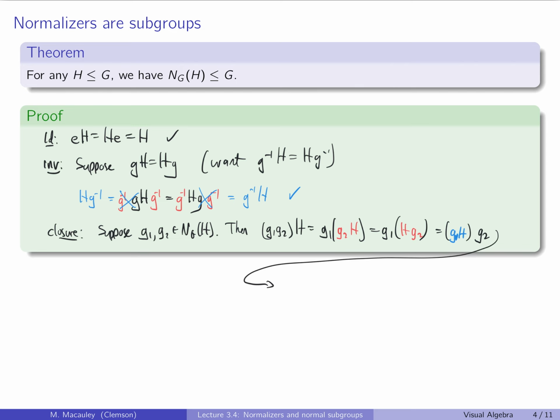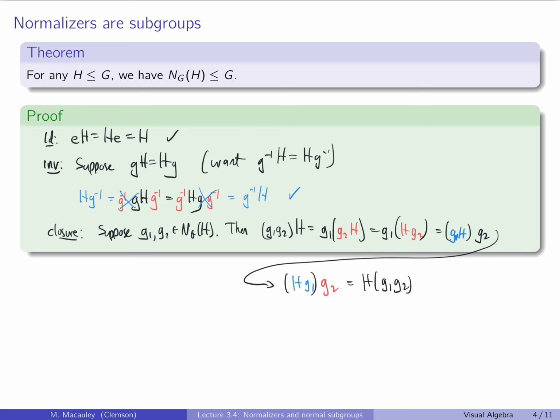Running out of room, so let's move over here. And now, because G1 normalizes, I can write this as HG1 times G2. And now just by regrouping the parentheses, I have H times G1, G2. That's exactly what I wanted to show, that the product normalizes H.